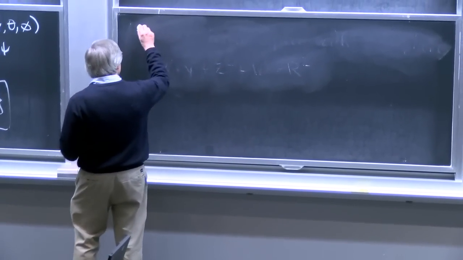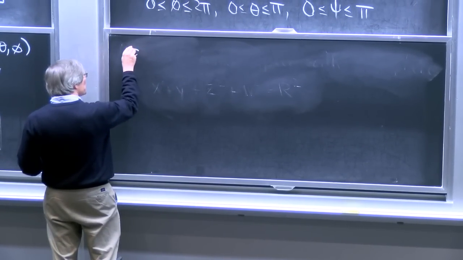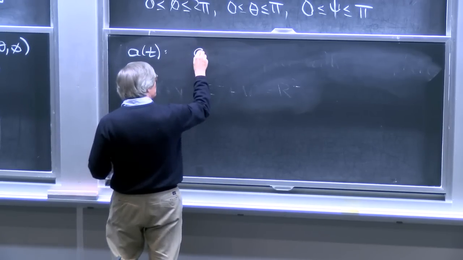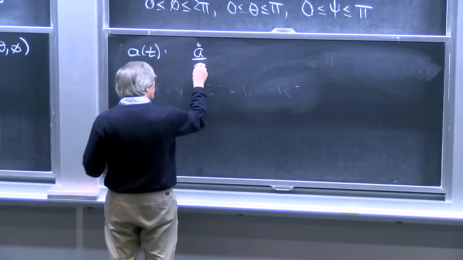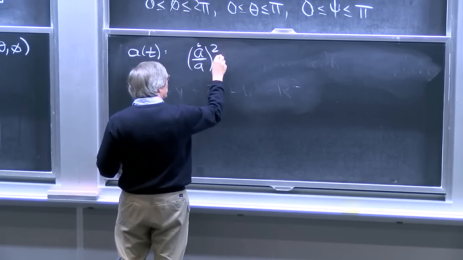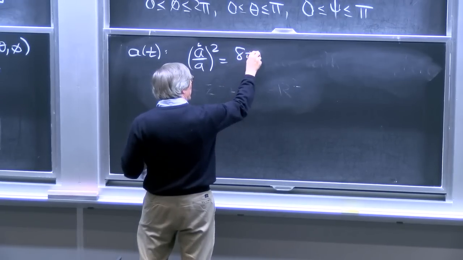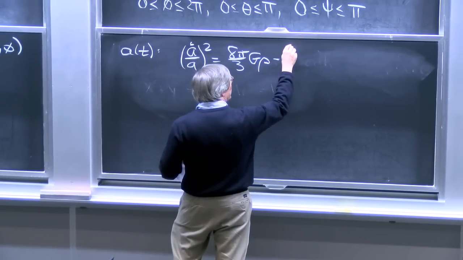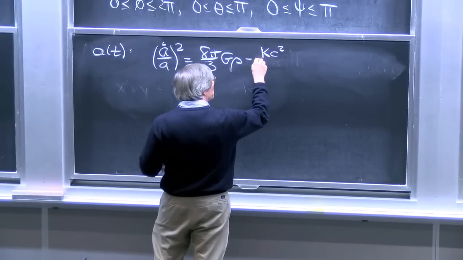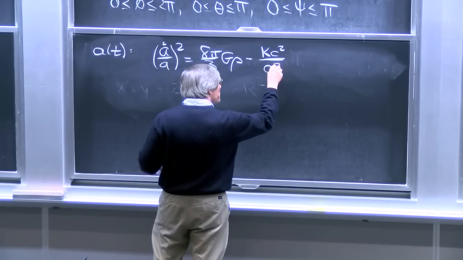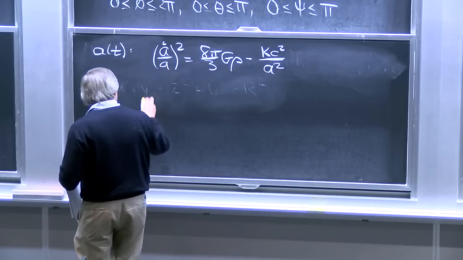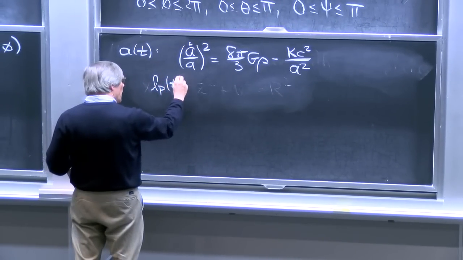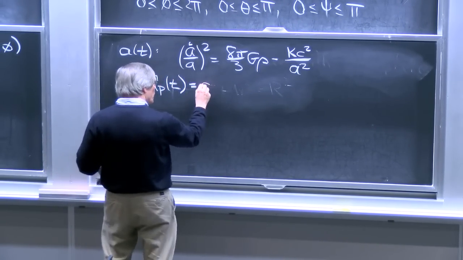So using Newtonian mechanics, we introduced a scale factor, a of t, and convinced ourselves that (a dot over a) squared is equal to 8 pi over 3 G rho minus k c squared over a squared. And furthermore, that this a of t describes the relationship between physical distances and coordinate distances.